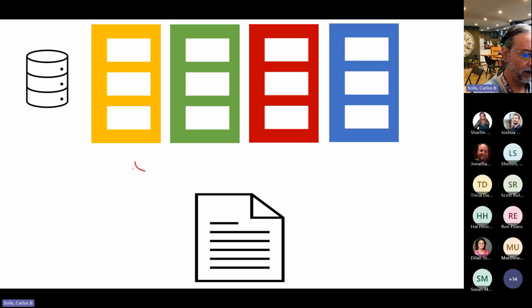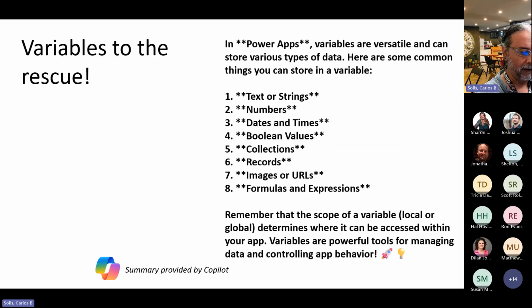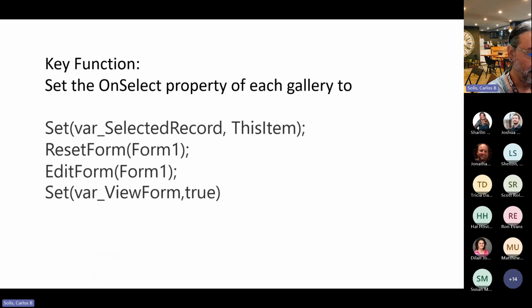So the way we do that is to use variables. And in PowerApps, you can use variables to store all sorts of things. But of particular interest is the fact that we can store records in a variable. So I'll show you in a moment how we leverage that for the solution, right?